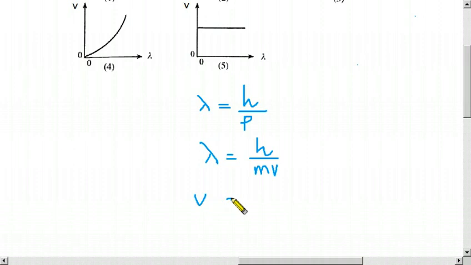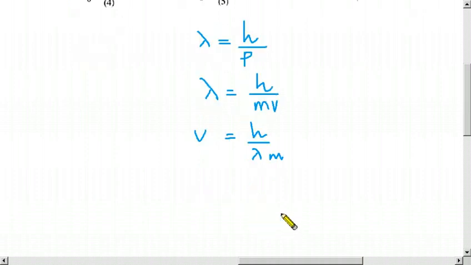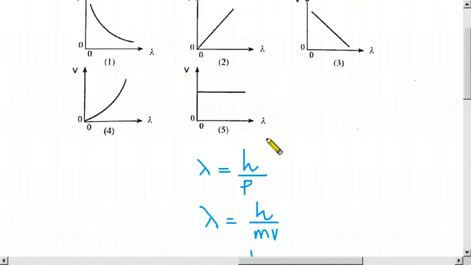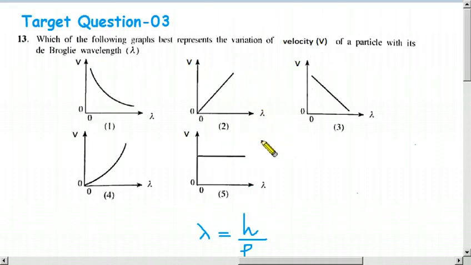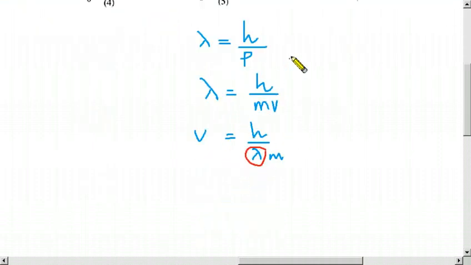So we isolate v here: v equals h divided by lambda m. The left side is okay, but we have to take lambda to the x-axis. Here they have taken lambda to the x-axis. Therefore, we have to do a little adjustment.